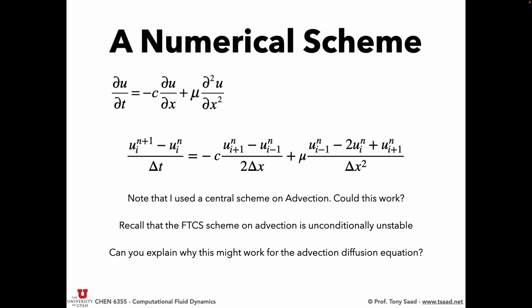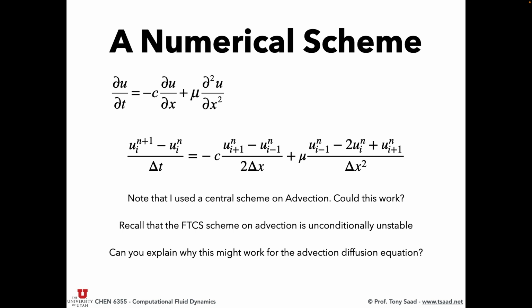Yes. In your homework, and what we showed last time in class, diffusion is very good with high frequency waves. So anytime the central scheme, FTCS, is going to cause some unboundedness on advection, diffusion is going to squash it, right?